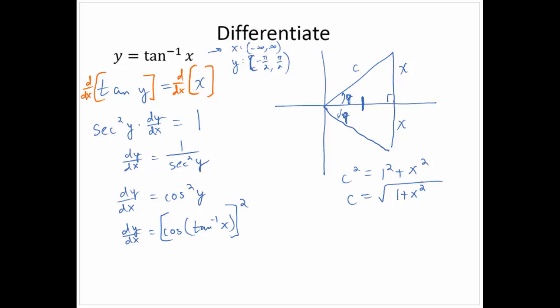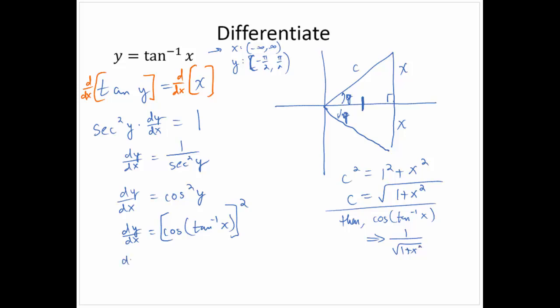Then the cosine of tangent inverse x, cosine being adjacent over hypotenuse, would be 1 over the square root of 1 plus x squared.